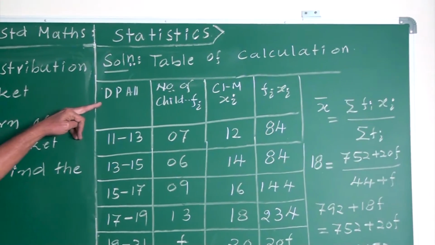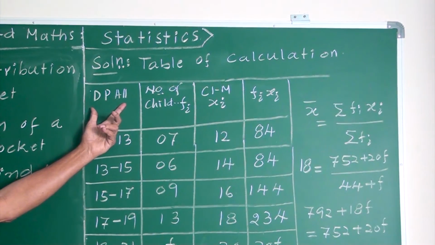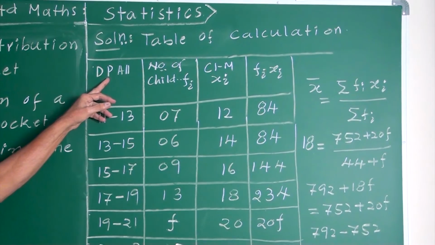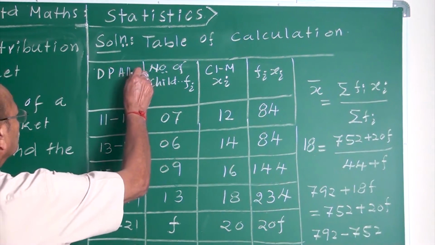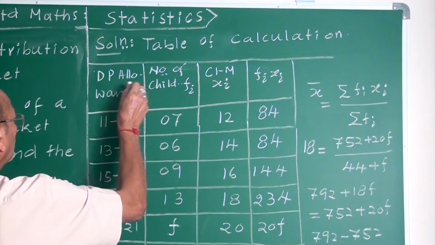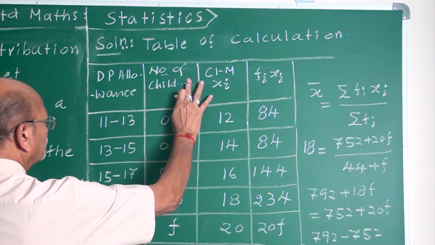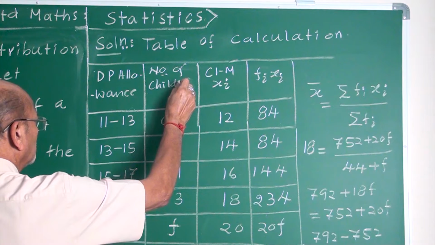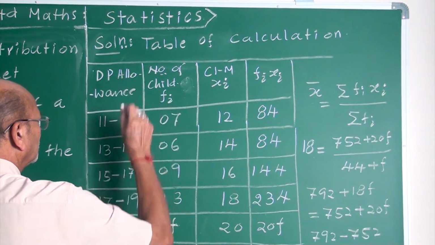My friends, it is a table of calculations. I have written it in short. Daily pocket allowance. Number of children is the frequency Fi.